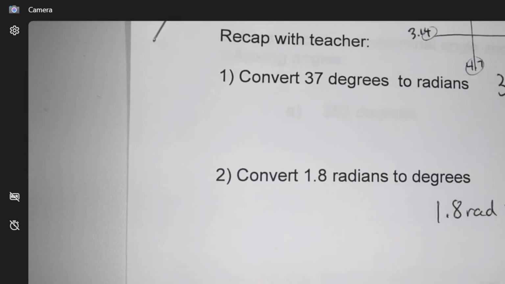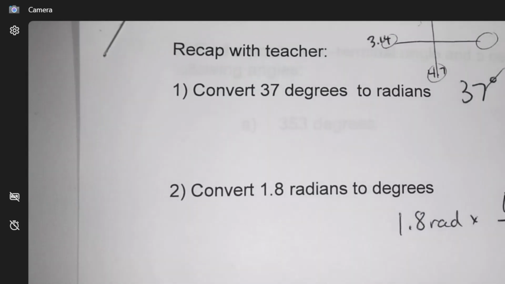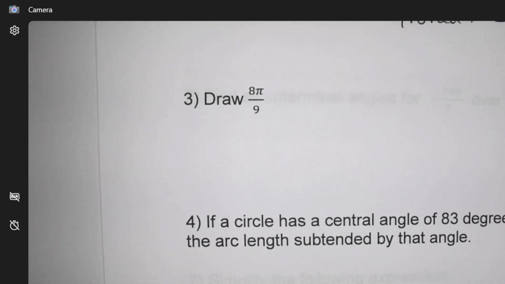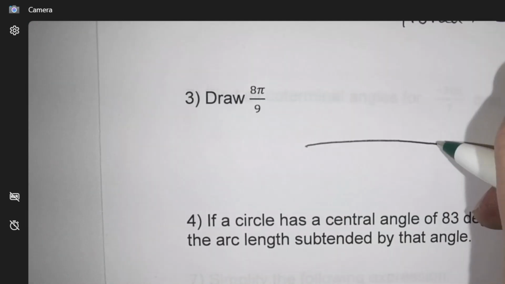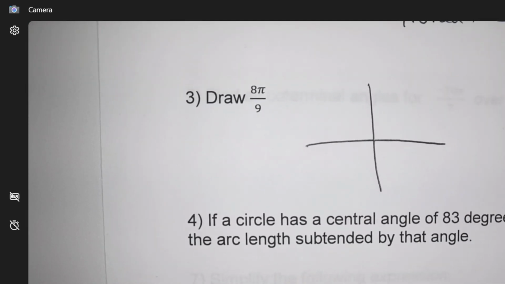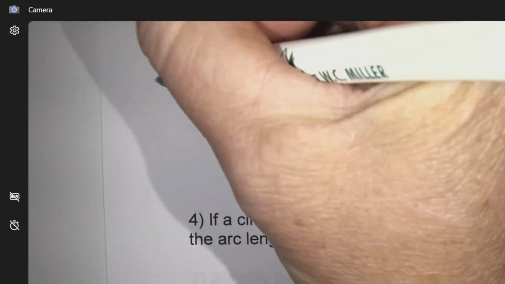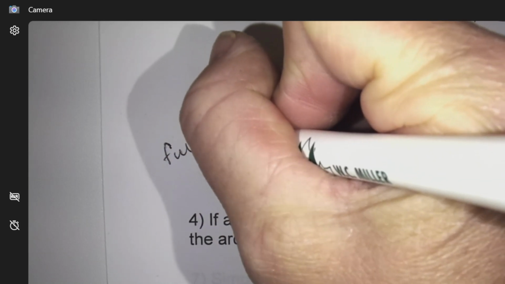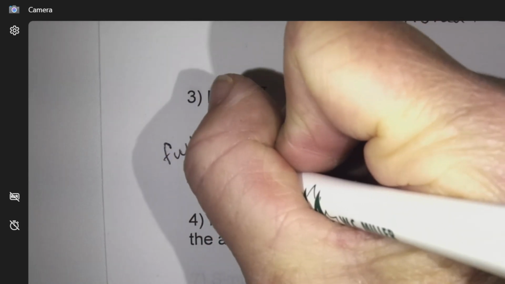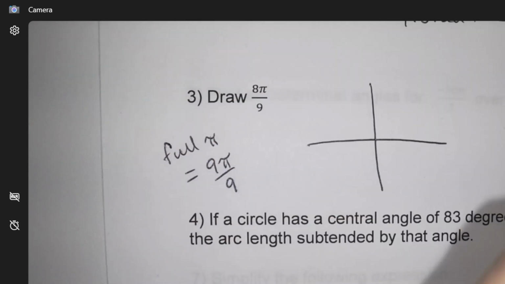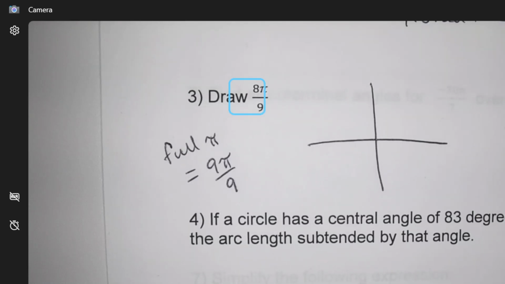Okay, draw 8 pi over 9. You won't have a calculator. So what do I know? What's your reasoning here? This is what my brain would do. A full pi, I would think of a full pi as a 9 over 9.